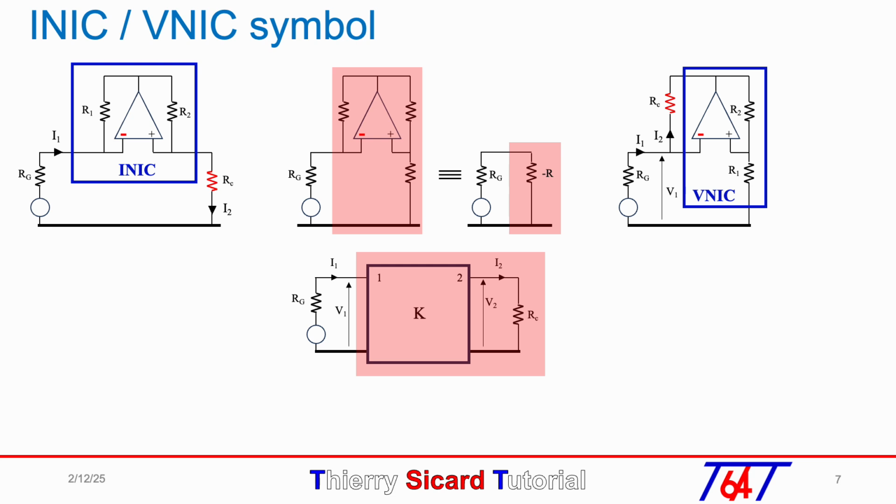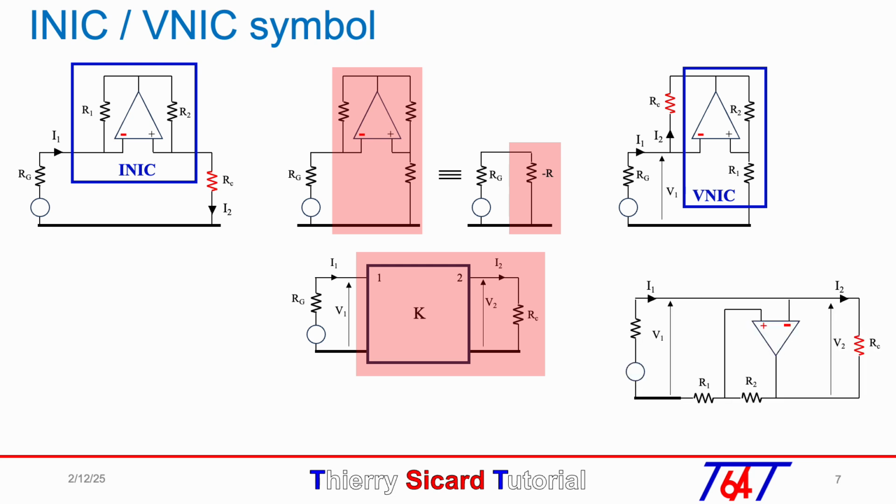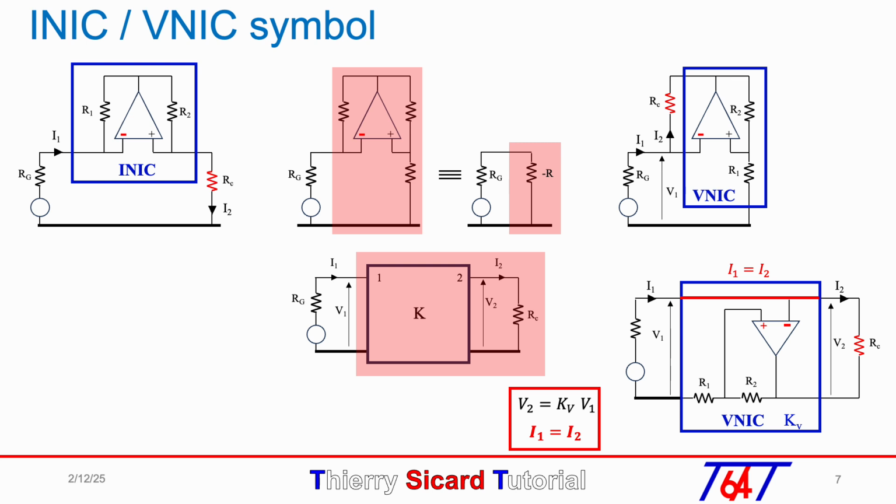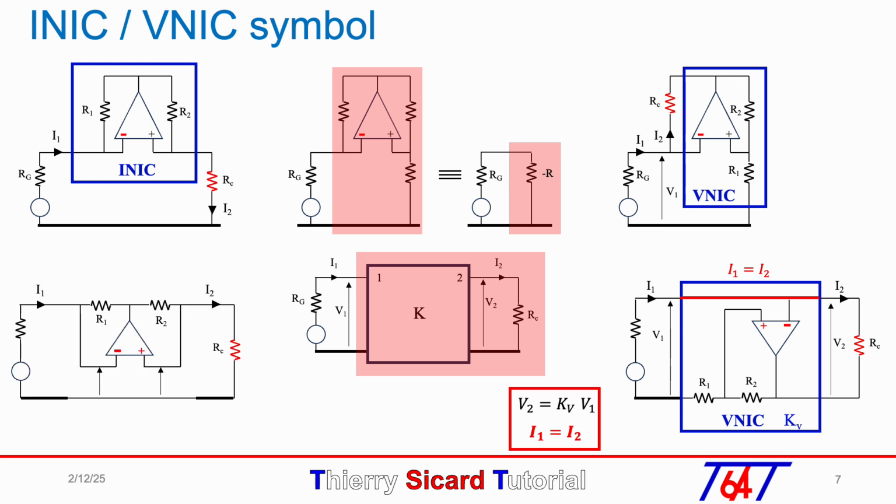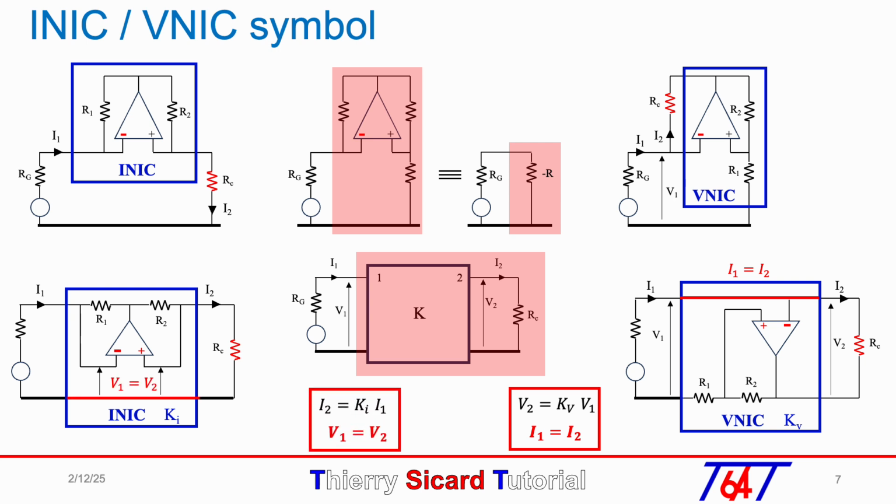The VNIC schematic can be reshaped to highlight the direct connection between pin 1 and 2 of the symbol and the fact that obviously I1 equal I2, as shown in the main relation of the VNIC. The INIC schematic can be reshaped to highlight the fact that V1 and V2 are both connected to the INIC common ground.